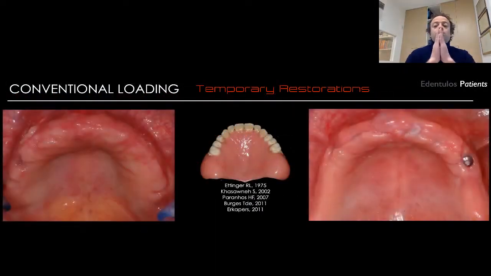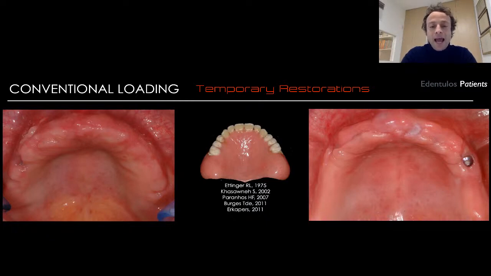About all the situations where it's not possible to work with an immediate loading, maybe when we have to do GBR, it is not really common in my experience to do GBR in the full edentulous patient, but sometimes it can happen that we have a patient with bone that is like a knife edge.